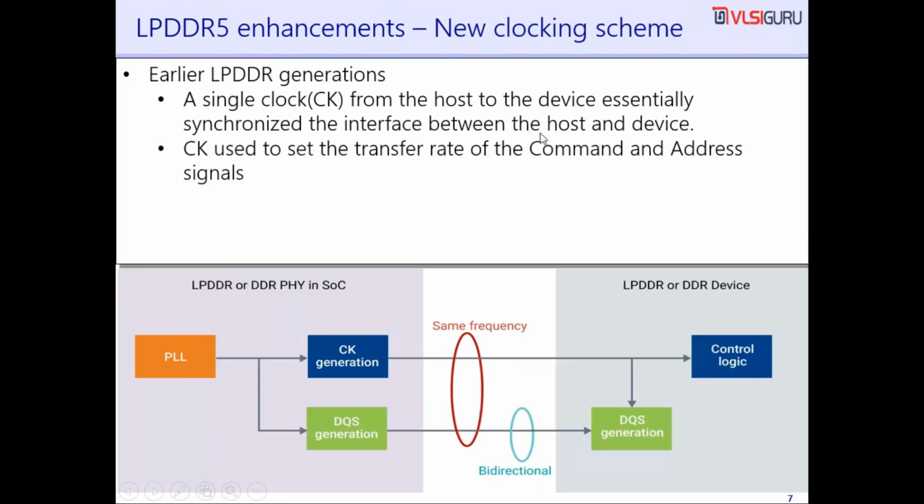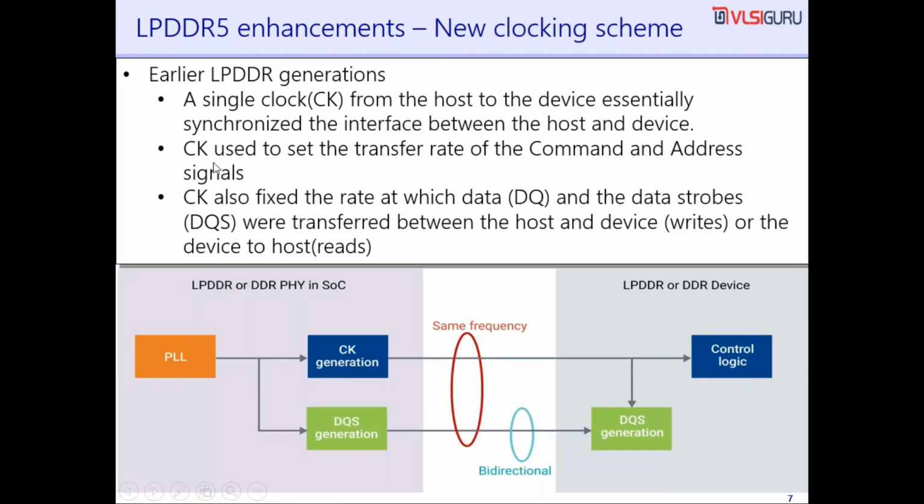The clock was used to set the transfer rate of the command and address signals. The same clock also fixed the rate at which data, that is DQ and data strobes, were transferred between host and device during the writes and device to host during the reads. That means both the address and command and the write data transfers were decided based on the clock.